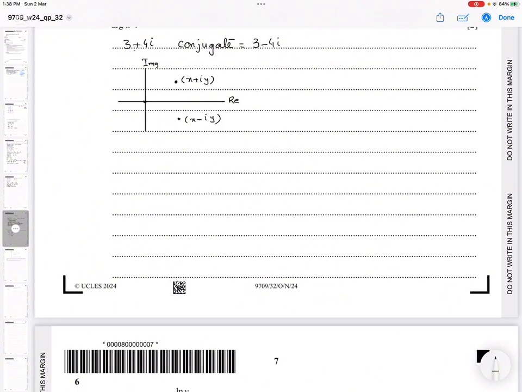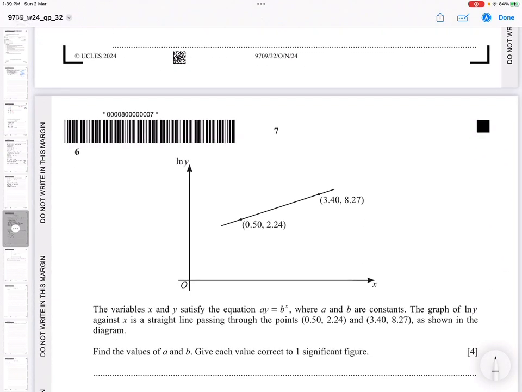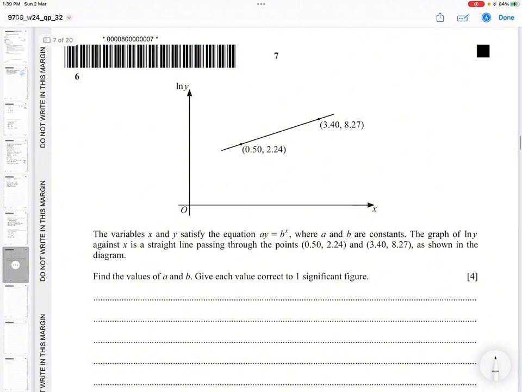So thus the argument of u star equals minus 5 over 7 pi, as the argument of u is positive 5 over 7 pi. Okay, question number 6.